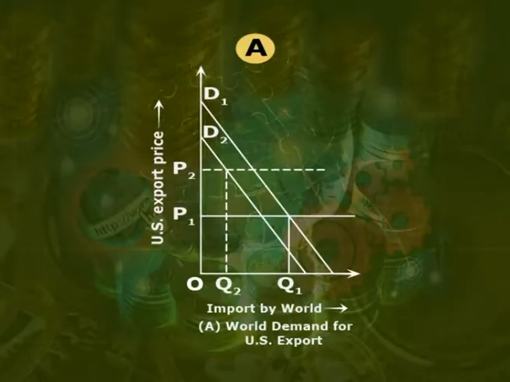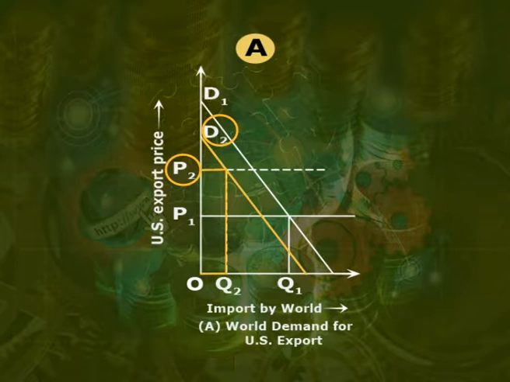It is assumed that inflation has already occurred in the US to send up general prices, including export prices. Before the inflation, American export prices were P1 and American exports to the rest of the world, that is, imports by others, were OQ1, given the initial world demand for American exports D1 as shown in figure A. After inflation, American export prices go up to P2, in response to which the world demand for American exports decreases to D2.